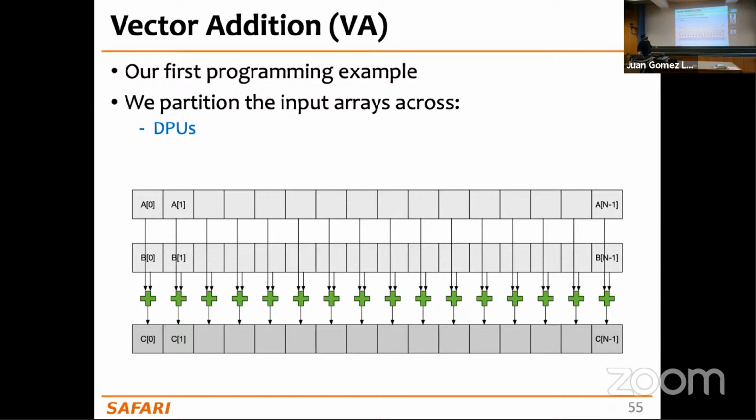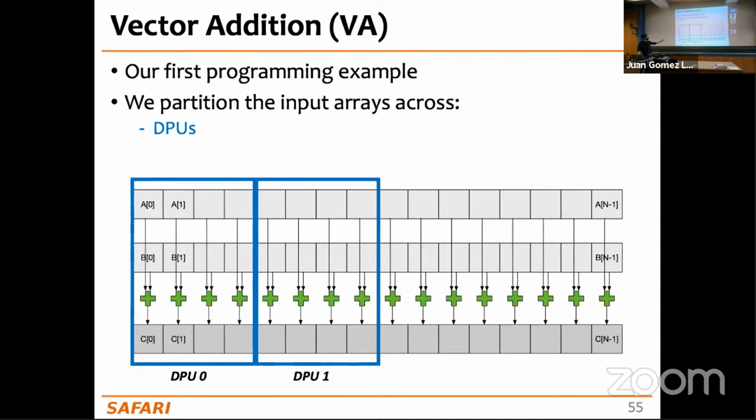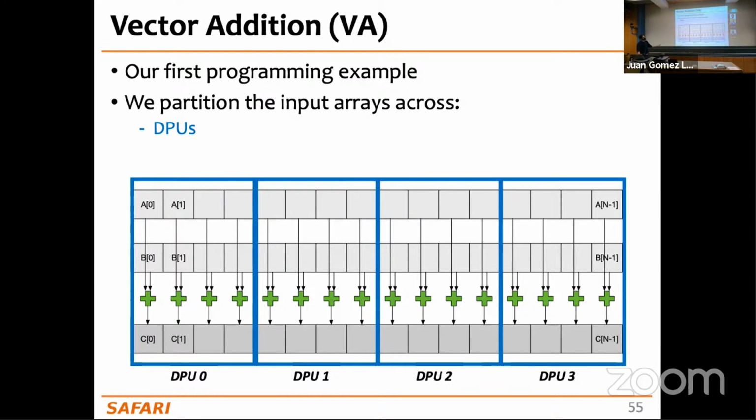Because here we can evenly partition the input arrays and the output array across DPUs. So this chunk here would be assigned to DPU 0, that one to DPU 1, this is for DPU 2, and this is for DPU 3, assuming that in our system we only have 4 DPUs.